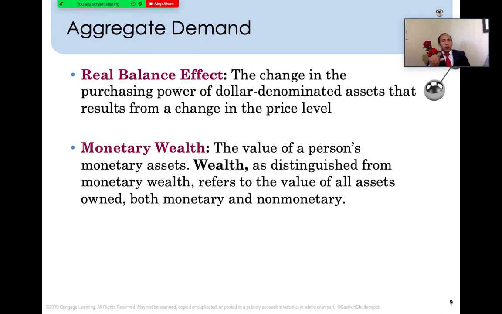And monetary wealth illustrates the value of a person's monetary assets. Wealth is a distinguished form of monetary wealth that is attributed to different sources. It is the amount of actual assets that are held by the person, financial assets, physical assets, tangible assets, and is the value of essentially all monetary and non-monetary assets that are held by a person.